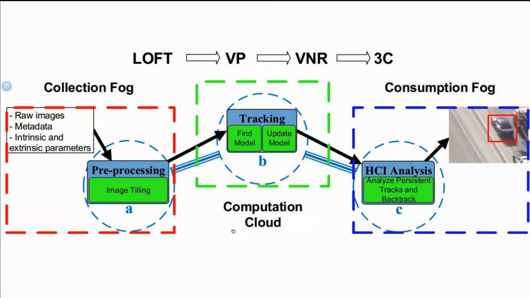So the physical network is our resources, our 3C ecosystem we have. The virtual network instead is something which can be derived from our application demands.